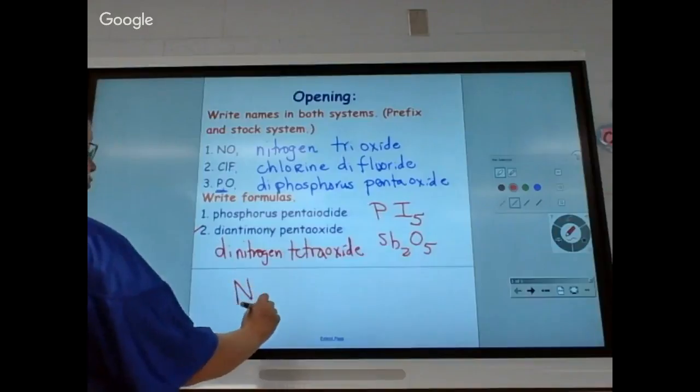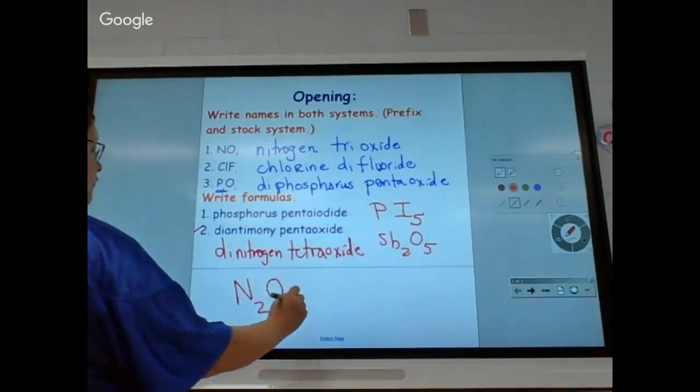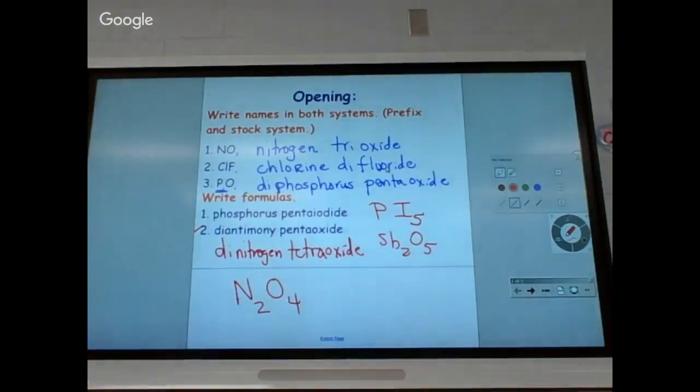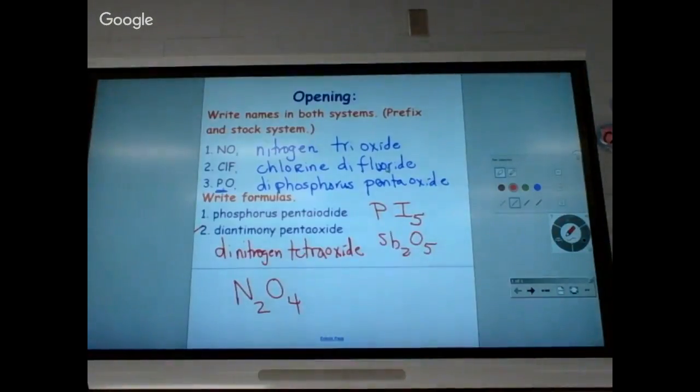Dinitrogen would be N2. Tetraoxide is O4. You would not simplify that either. So the only way you know not to simplify it is if it has this prefix. If it's an old system, yes. Stock would simplify, old system does not. It's one reason we don't use old system very much. What else?